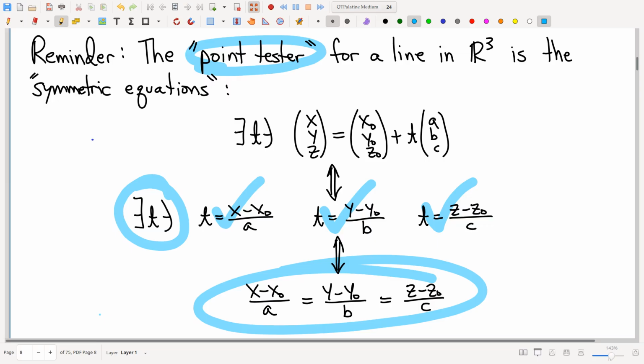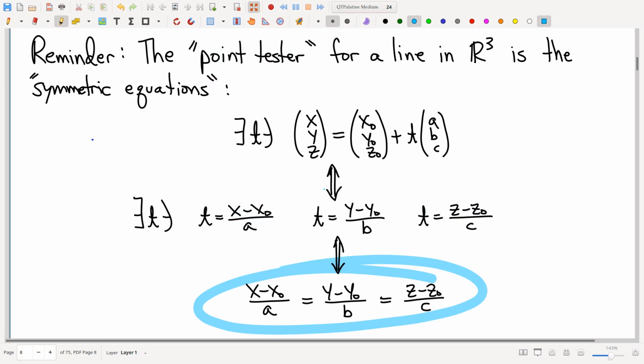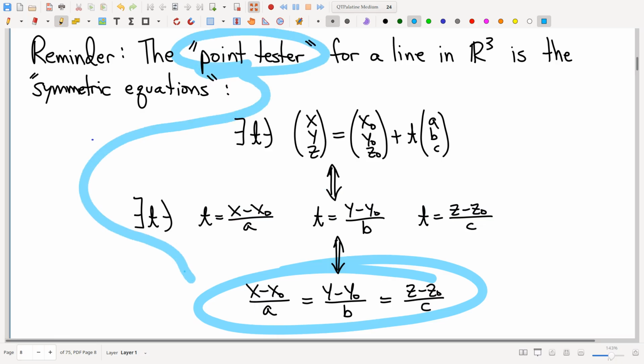So this is the test. And it's as simple as this. This is the point tester. If these three things are all equal to each other, then yes, there is a value of t that's equal to all three of these things, and then yes, there is a value of t that generates that point. And if any of these are different from any of the others, then there's no way t could be equal to all three of them.